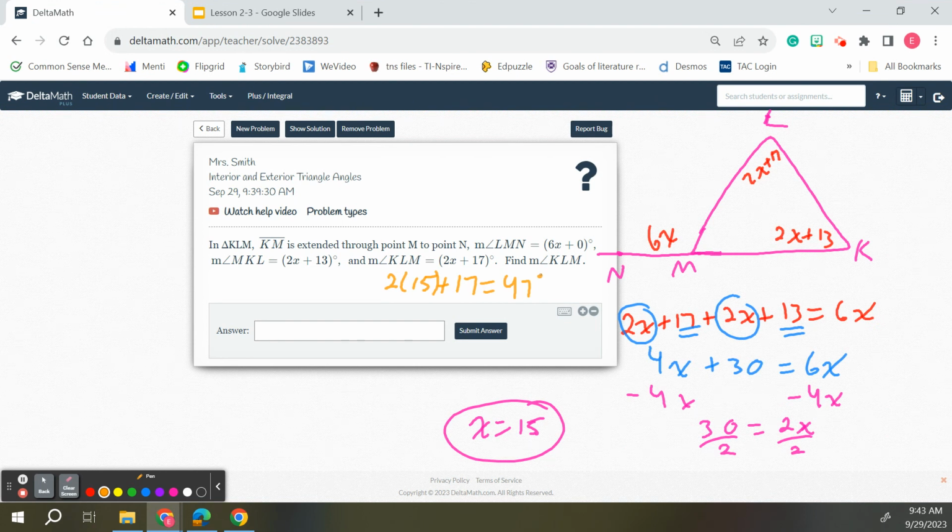How are we doing on this one? Do you guys want to see another one? I can add it in real quick. You just have to hit refresh on the Delta Math. Who wants to see another one? Show hands. All it takes is one person? Okay. Let me get one more. I'm going to assign this one specifically. Just give me a minute to add it in. Example 6.